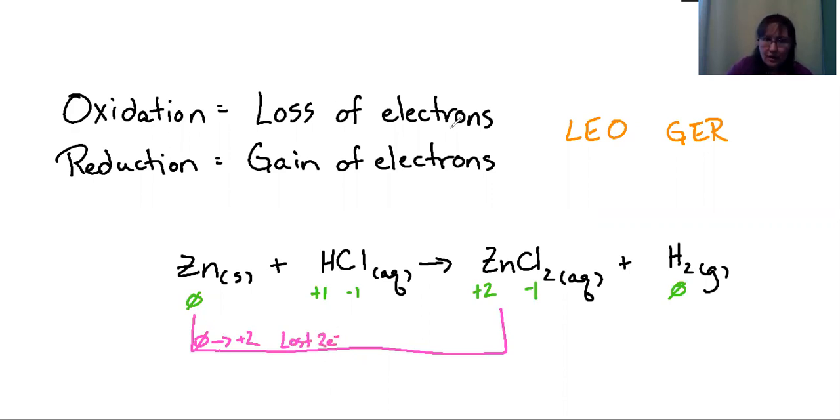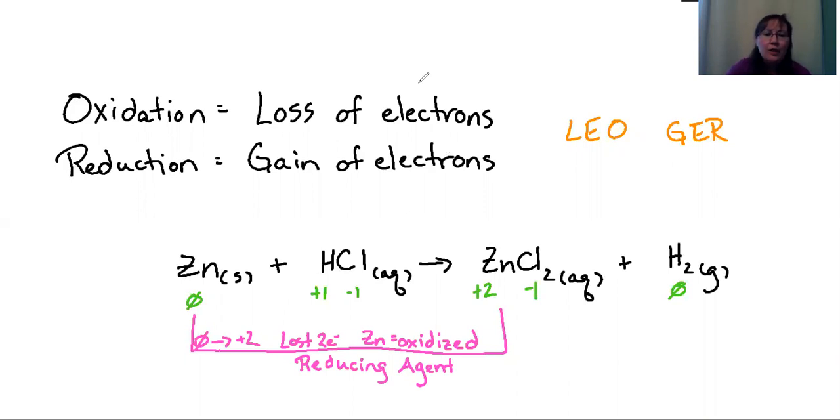Lost electrons means oxidation, so our zinc was oxidized. The substance oxidized is also the reducing agent. So the thing that is oxidized is the thing doing the reducing.